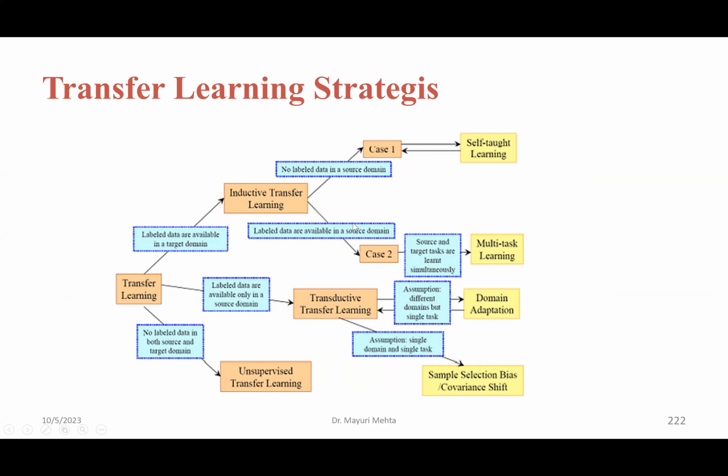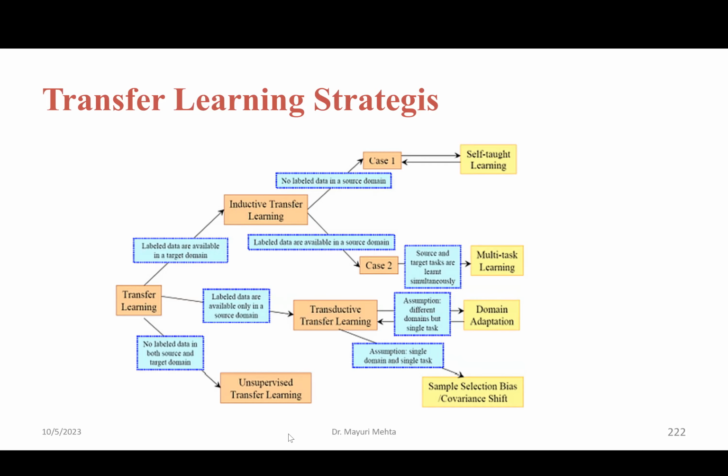Mainly there are three types: inductive transfer learning, transductive transfer learning, and unsupervised transfer learning. These are the three major categories, which can be applied based on the domain, task at hand, or problem at hand, and the availability of data.